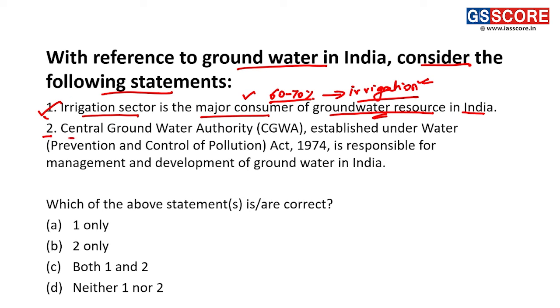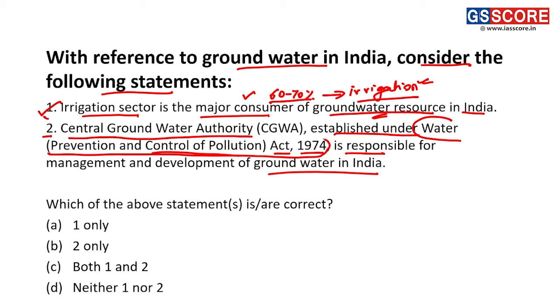Statement 2. The Central Groundwater Authority, established under the Water Prevention and Control of Pollution Act 1974, is responsible for management and development of groundwater in India. If we analyze this question very deeply, and about the Water Prevention and Control of Pollution Act, this is basically an incorrect statement. Why?